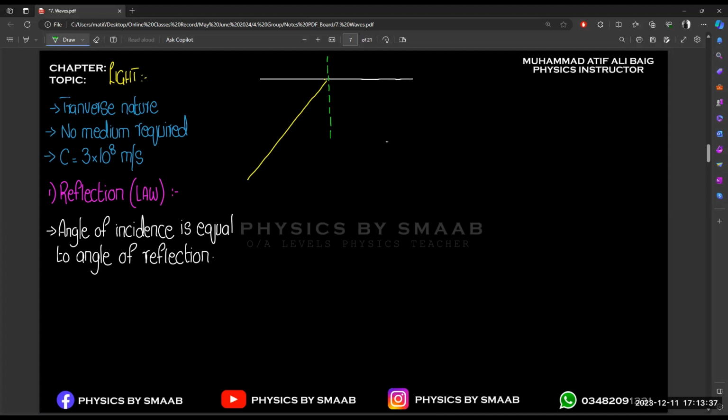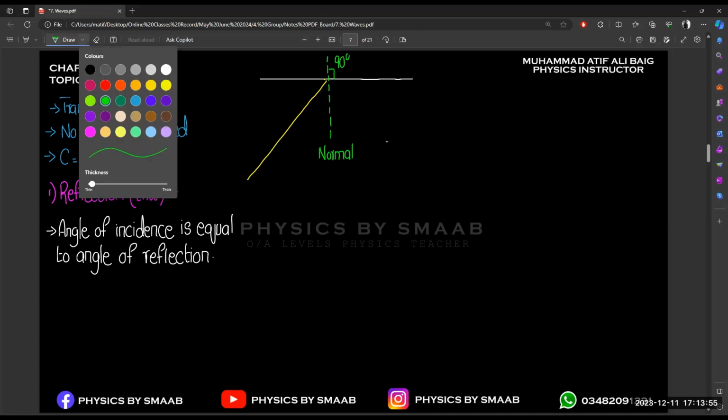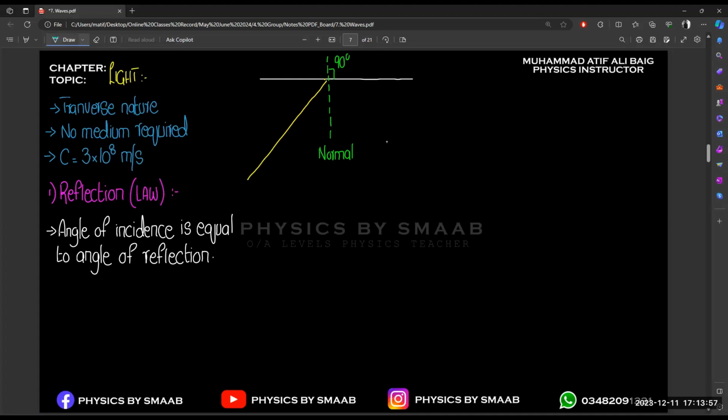This is the normal line, and the normal line is always perpendicular to the surface. You can see there is 90 degrees between the reflecting surface and this normal line. So when light strikes the medium, it will reflect back with the same angle. With the help of this normal line, we can easily mark the reflected ray.